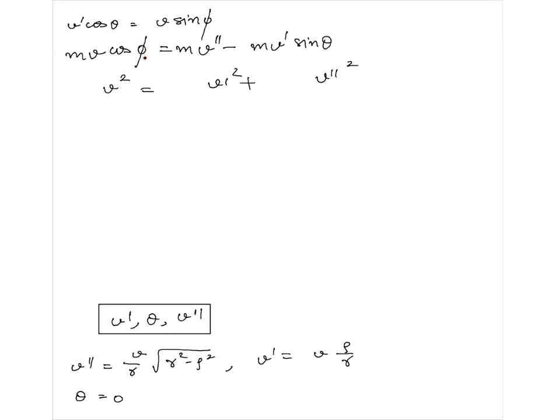There are three variables. We first get rid of theta, let us say. Let us try that. Okay, I can cancel m also. Now we get rid of theta. Squaring and adding. Let me first rewrite this.